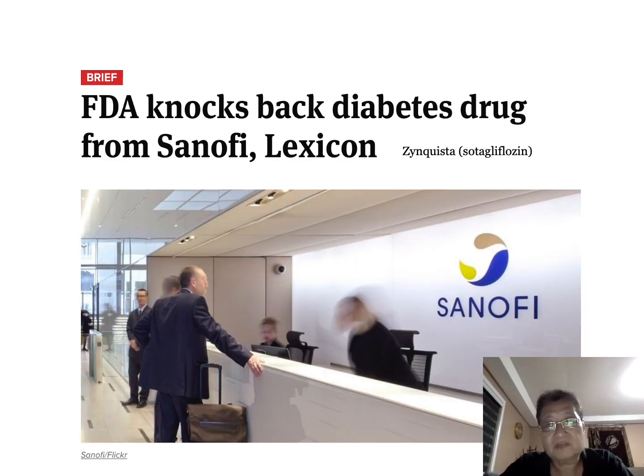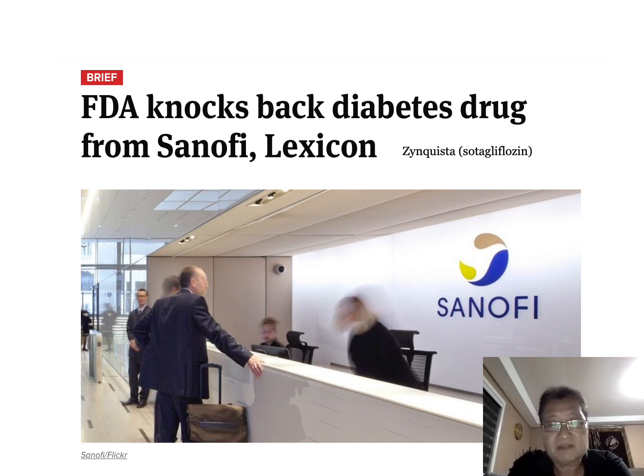Okay, so the Food and Drug Administration hit Sanofi and Lexicon Pharmaceutical's experimental type 1 diabetes treatment with a complete response letter. The company Sanofi developed sotagliflozin, a dual SGLT1 and 2 inhibitor for type 1.